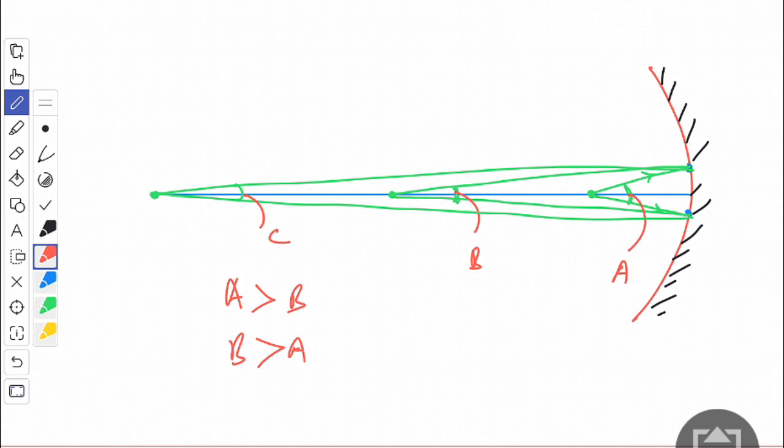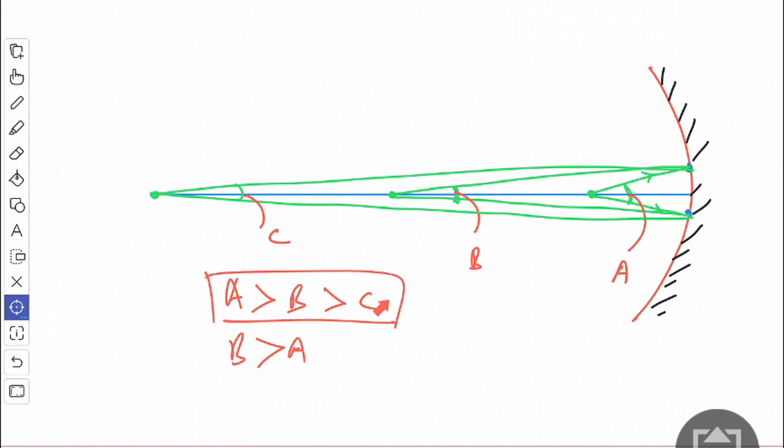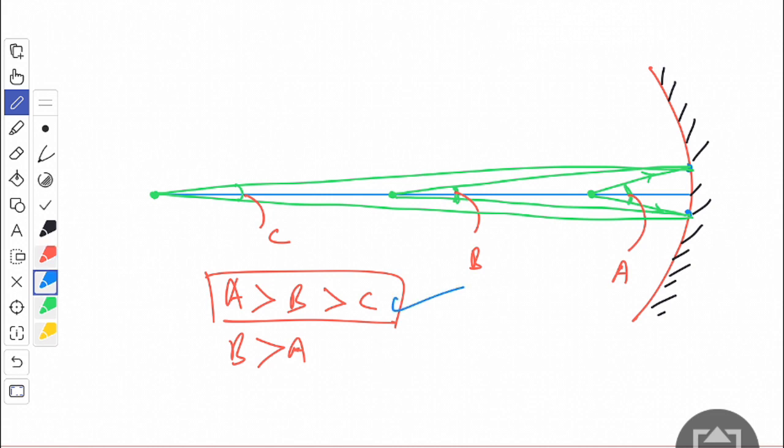So A will be greater than B, which should be greater than C, correct? This is the key point: when the object is moved away, the angle between the rays going to the same two points becomes smaller and smaller.